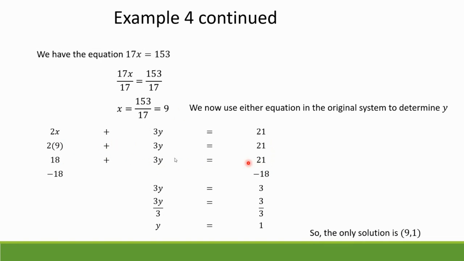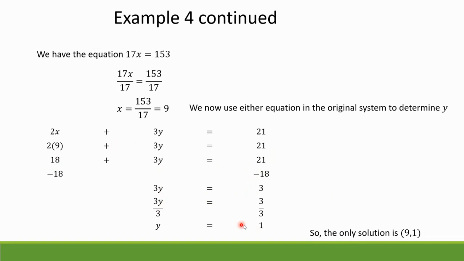And what do we get from here? We subtract 18 from both sides. We get 3y then is 3. Almost said negative 3. But we don't want 3y, we want y. So we divide both sides by 3, we get y equals 1.